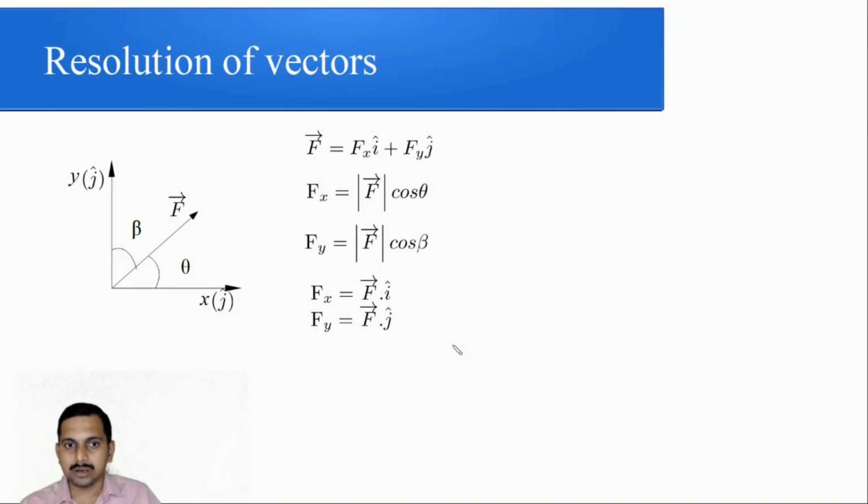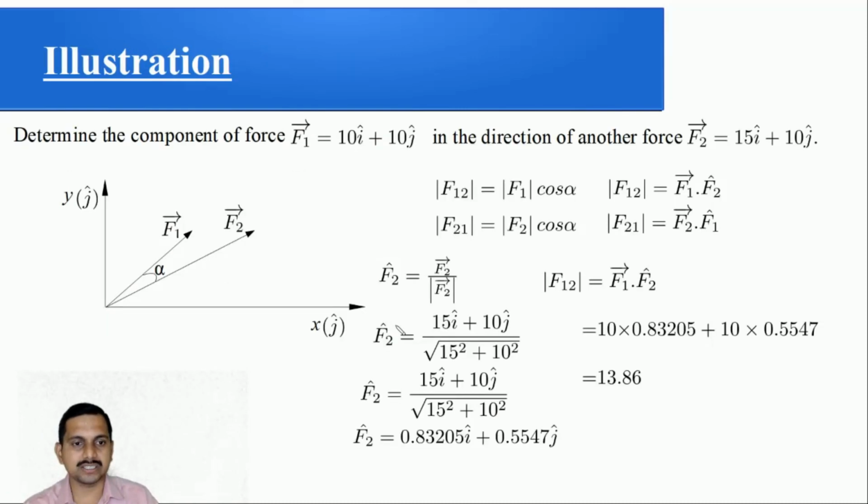Now this concept of the unit vector is useful in some other places like this. Now in case I have to determine a force F1 given by 10i plus 10j in the direction of another force.